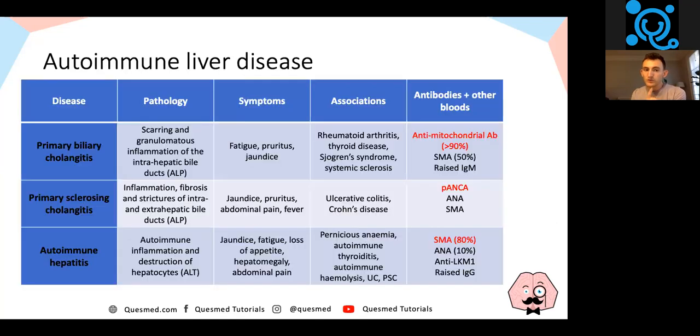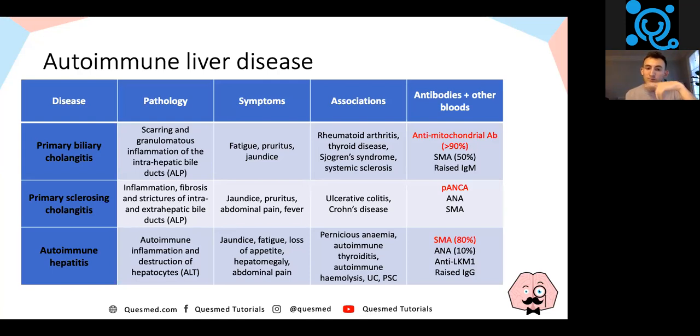If we look at the different causes of autoimmune liver disease, there's primary biliary cholangitis, primary sclerosing cholangitis, and autoimmune hepatitis, which are the three main ones that are all causes of chronic liver disease. Primary biliary cholangitis causes scarring and granulomatous inflammation of the intrahepatic bile duct. Due to that, it causes a rise in ALP because it causes obstruction.